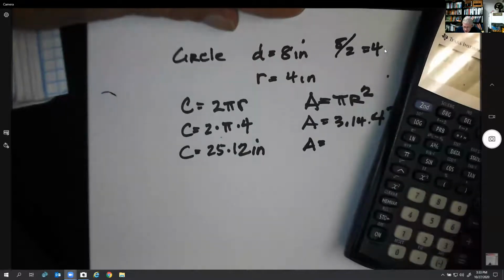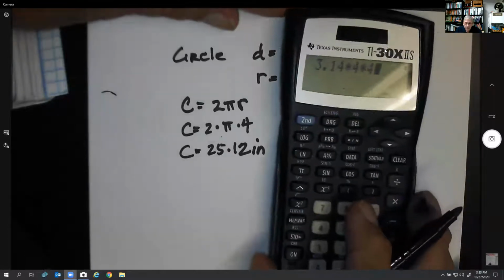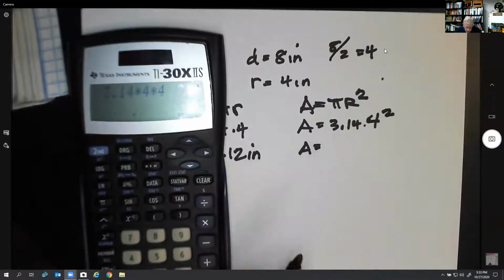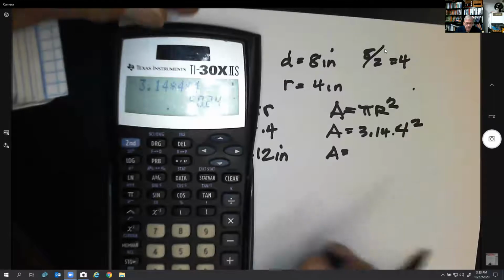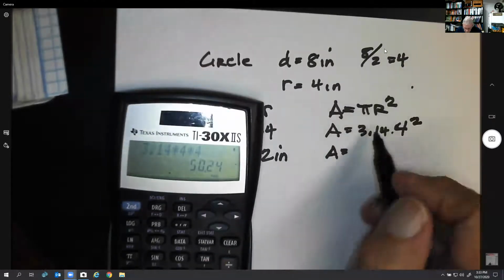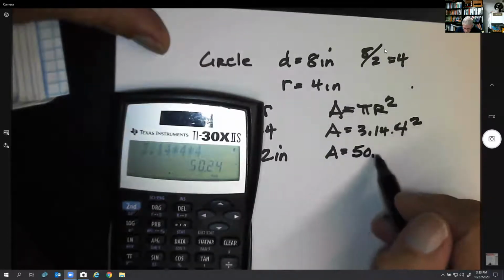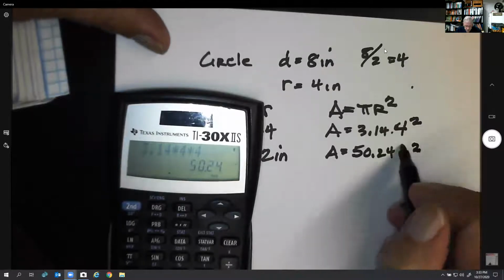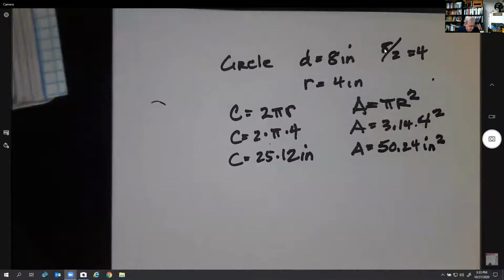But if you don't do that, you could just take 4 times 4. Just like that. And that will give you 50.24 inches squared. So just that easy.